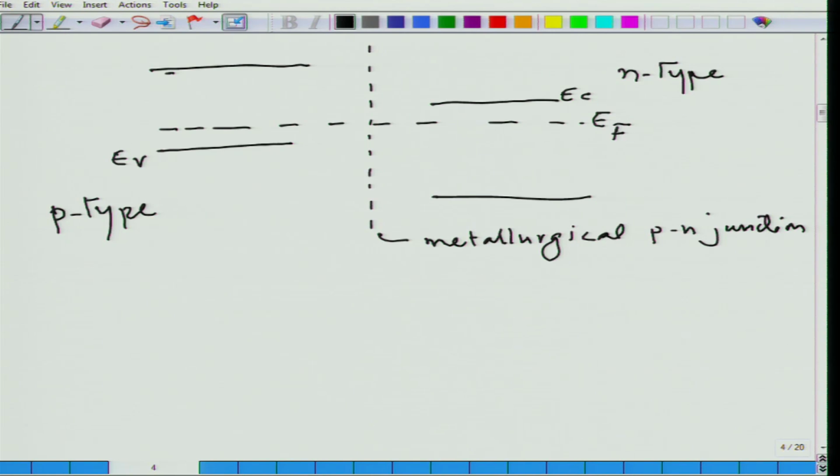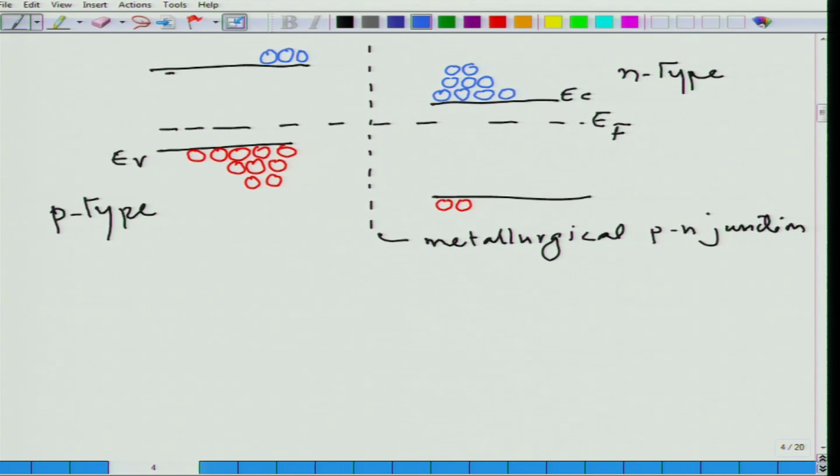N type means that you have more number of electrons here, and I am going to denote my electrons in blue color. P type means you have more number of holes, and I am going to always show my holes in red color. There are fewer holes in the n type and fewer electrons in the p type.